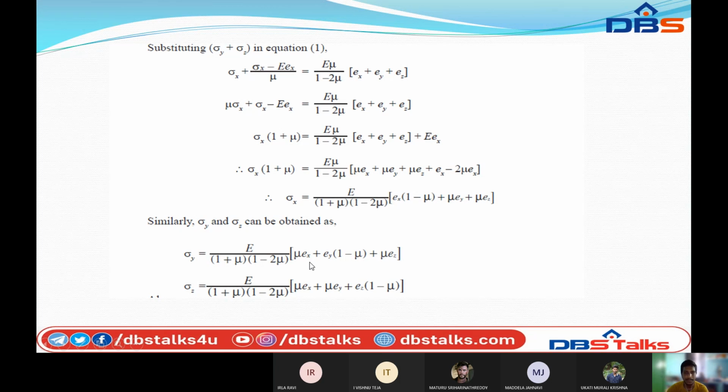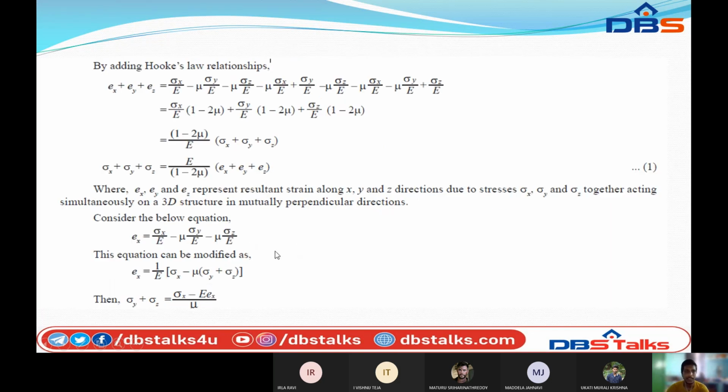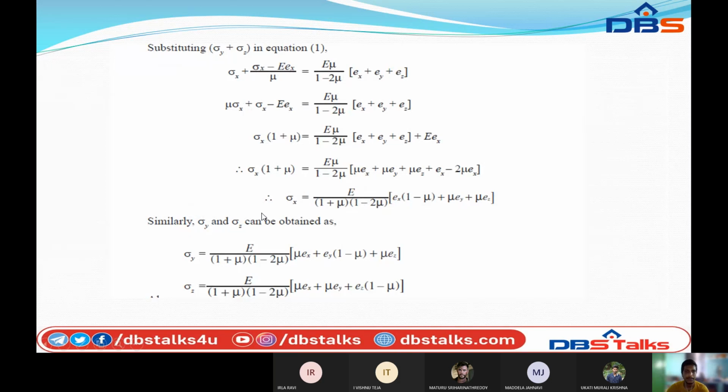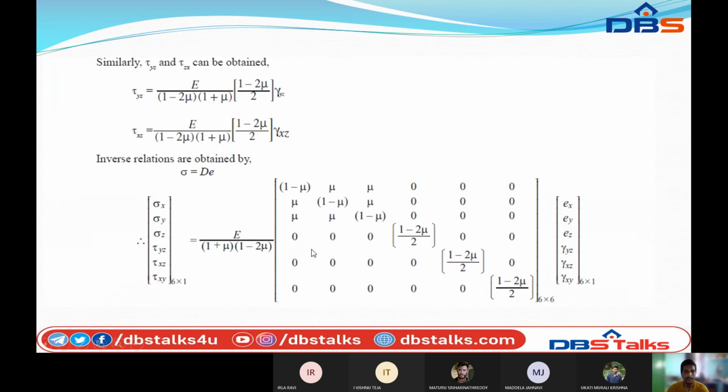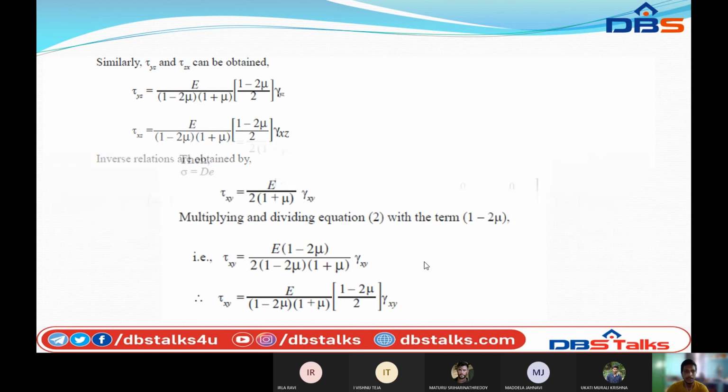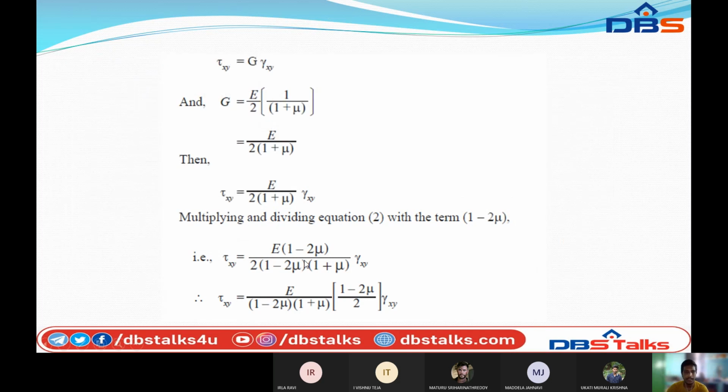For sigma y, the row is mu, 1 minus mu, mu, and all zeros. After that, for z, mu, mu, 1 minus mu, zeros. After that, tau xy has only 1 minus 2 mu by 2.